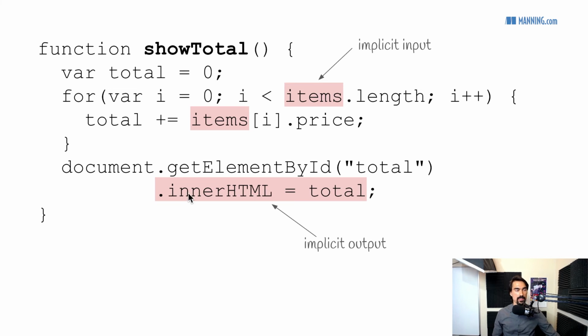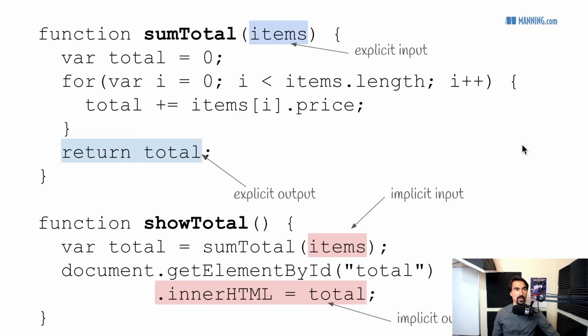And then we are setting the inner HTML property, modifying the DOM. That's an implicit output. The explicit output would be a return value from the function. So we have an implicit input and an implicit output. And we've replaced them with explicit inputs and explicit outputs, at least in our calculation, right?